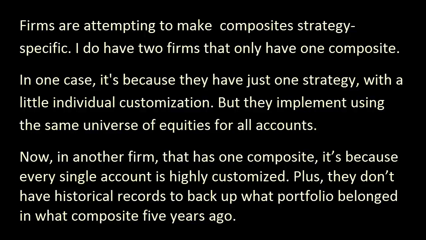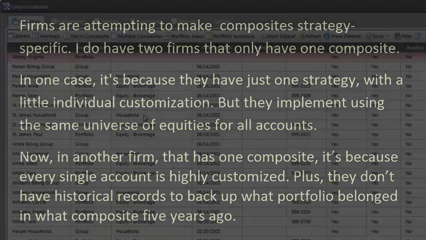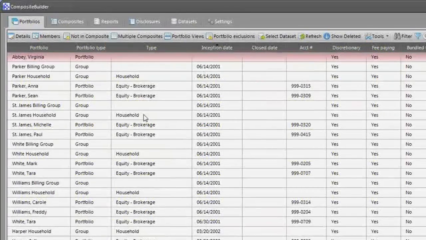Now, in another firm that has one composite, that's because every single account is highly customized. And plus, they don't have historical records to back up what portfolio belonged in what composite, 5 years. And so that's just a decision they made to have one composite. Yeah, by the way, put everything in it.